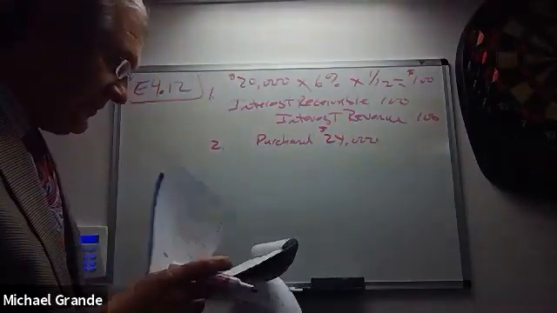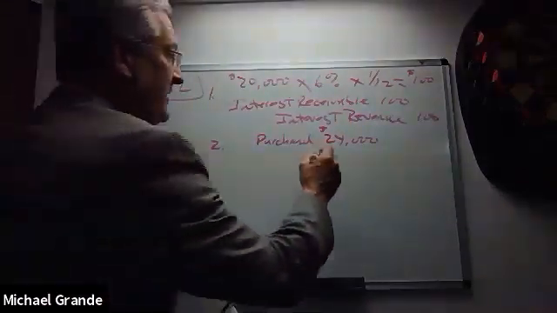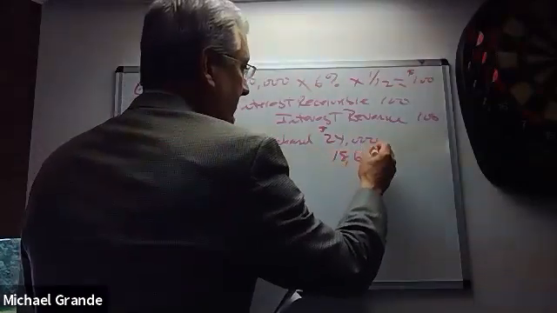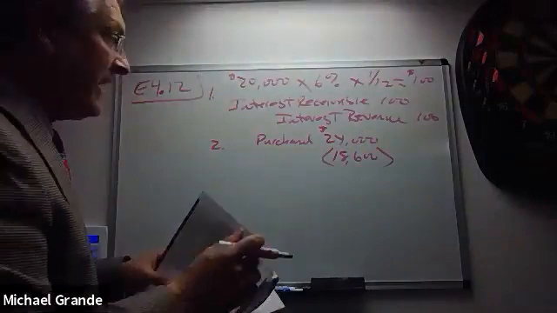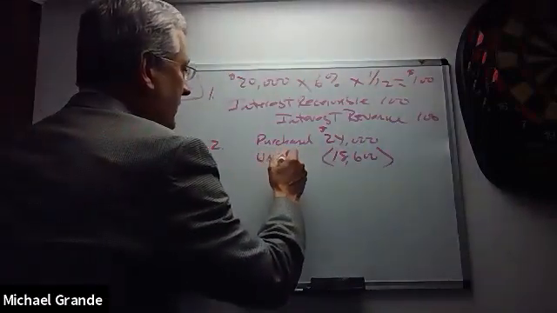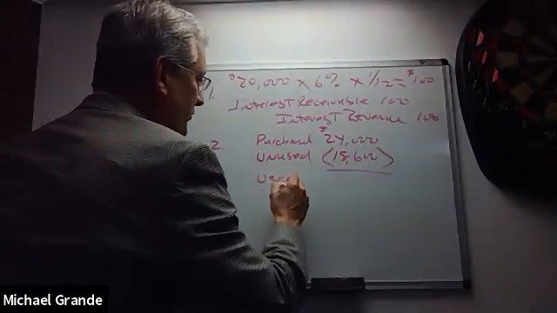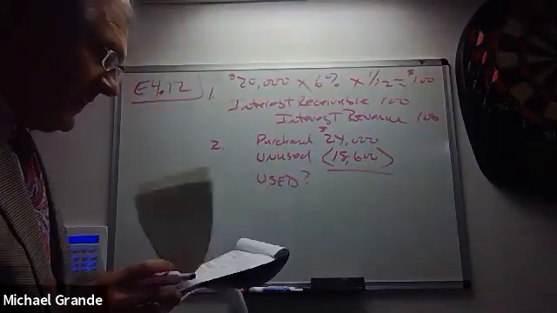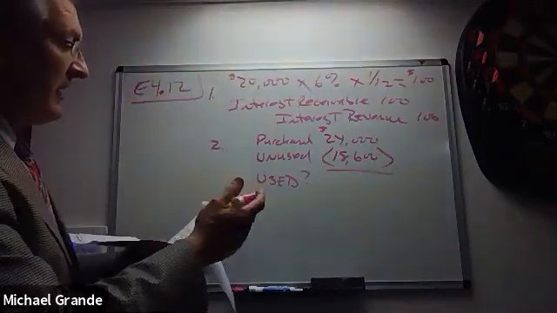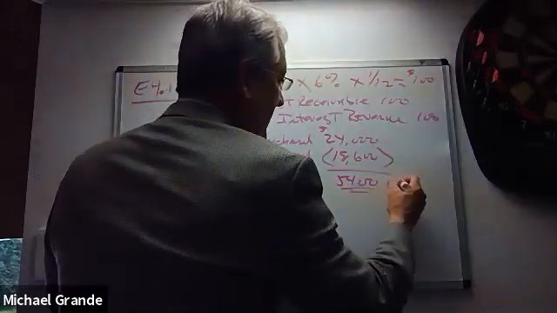And they specifically said, what? Supplies on hand at the end of the month of $18,600. So this is unused. We want to know how much they used, how much they expensed. 24,000 minus 18,600 is $5,400. That's the expense.